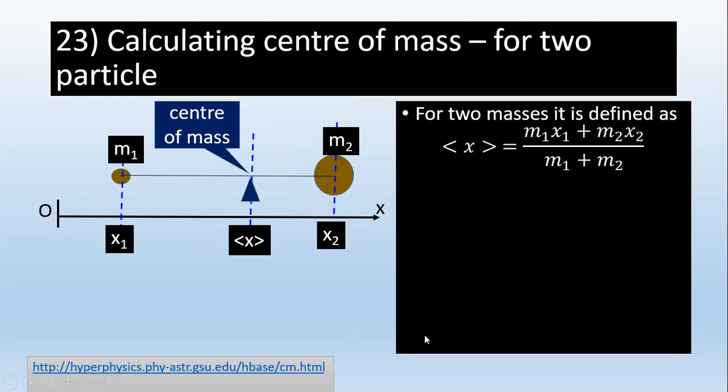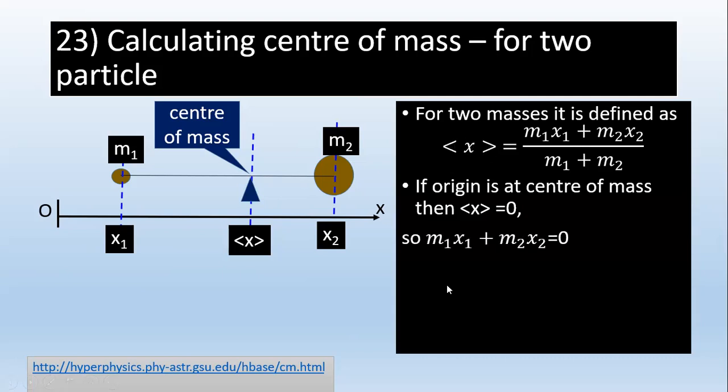For two masses, if the origin is at the center of mass, the center of mass will be 0. Then cross multiply, that will be 0 also, so we end up with this expression equal to 0.